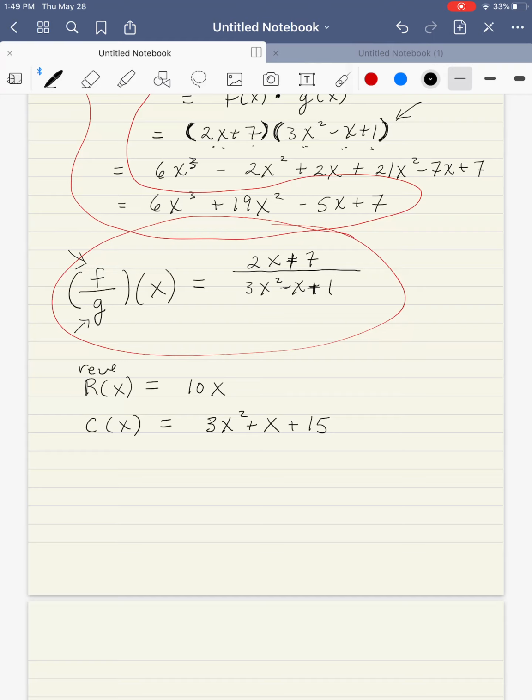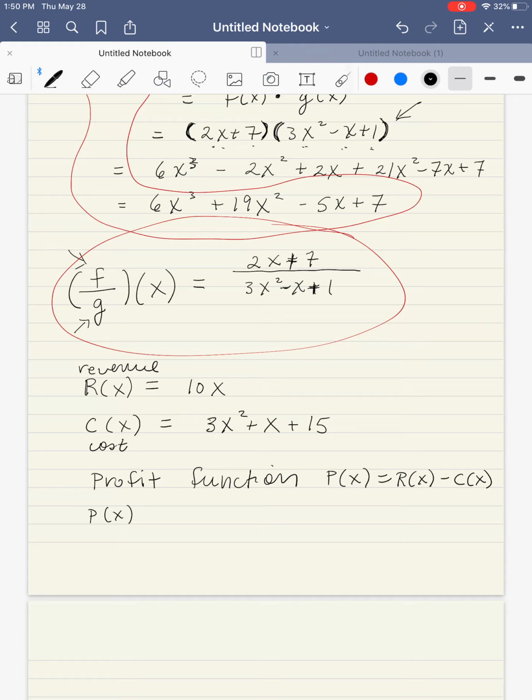So if this is revenue and this is cost, and we want to find a profit function. Well, profit is revenue minus cost. How much money the company's bringing in minus how much money the company spends is the profit.